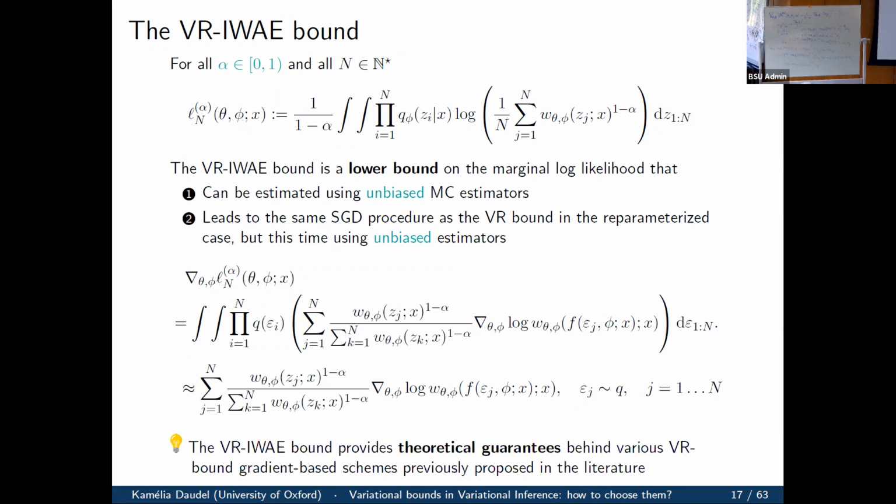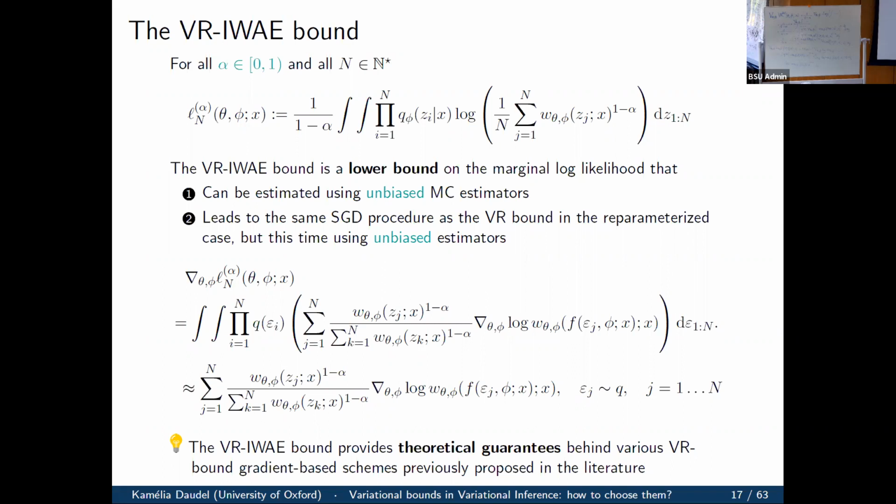Can I ask one question? Is the fact that this thing is also a lower bound a simple consequence of the previous stuff, or do you have to do something else? It's a good order, sense inequality. So basically, you can always, with alpha between 0 and 1, bound this by the VR bound.